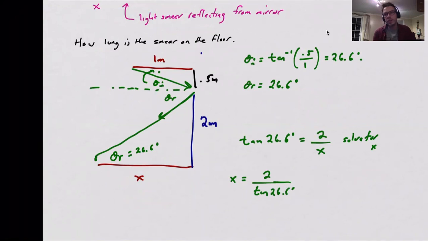We put this number into our calculator, and we see that this length is just about 4 meters. So for this geometric scenario, with the bulb 1 meter from the wall and 0.5 meters from the ceiling, hitting a 2-meter high mirror, the longest the light can get is 4 meters across the ground.